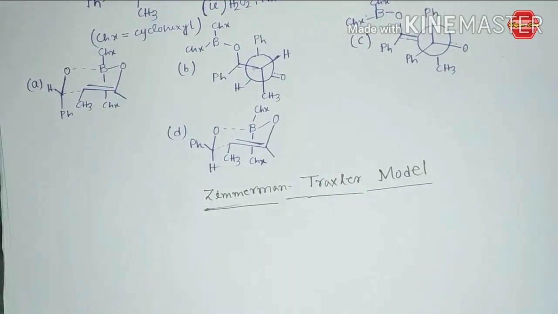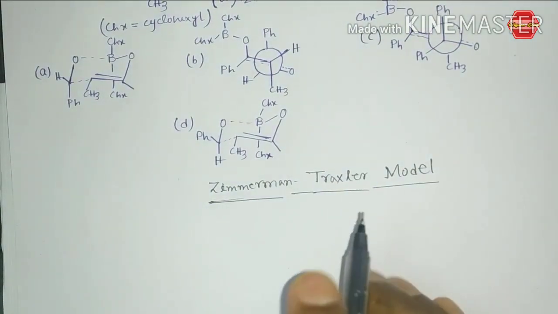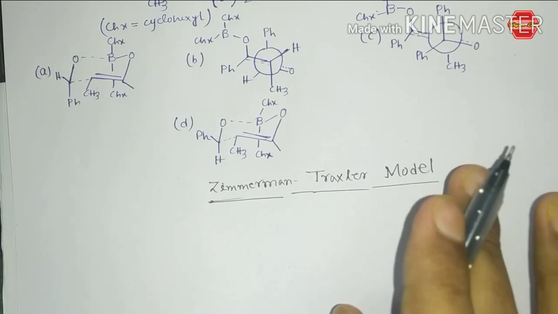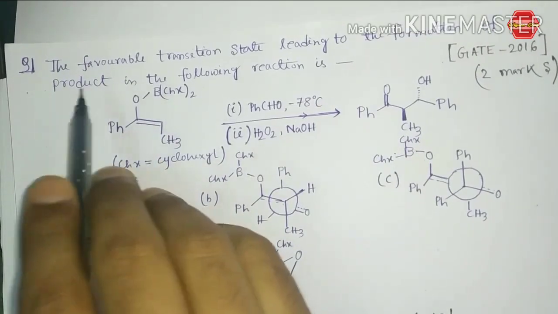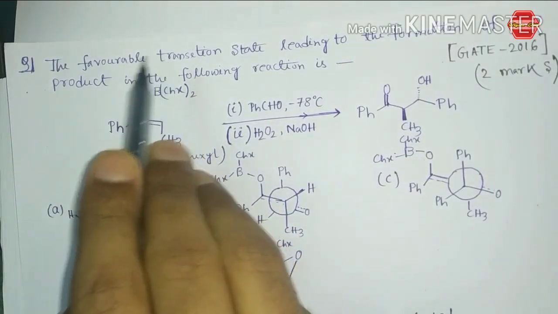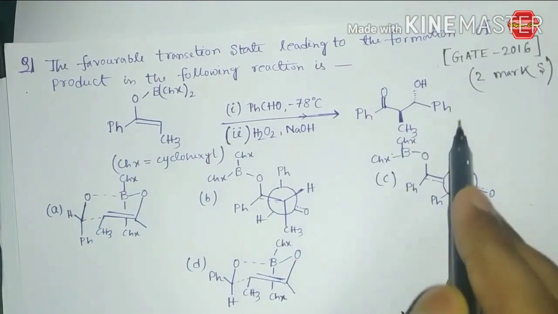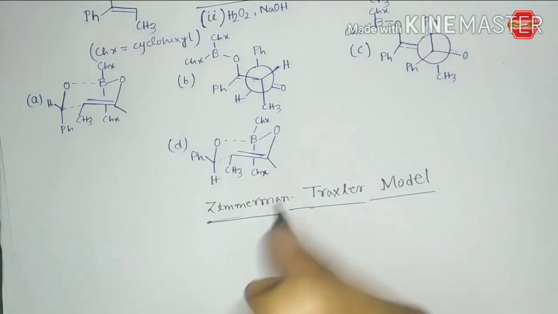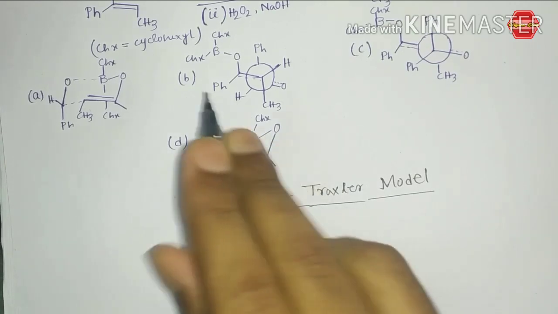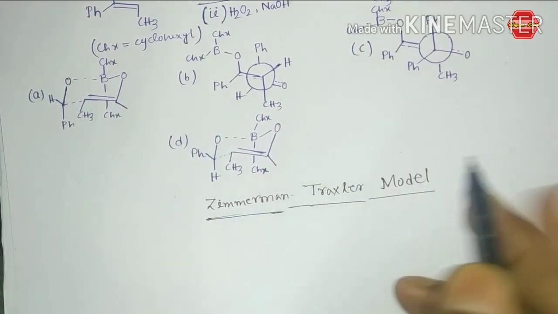Now see, this model says which kind of enolate will give which type of isomer. Here we are given an enolate type of structure, and an aldol type of condensation and aldol product. For this question we have to know the Zimmermann-Traxler model.